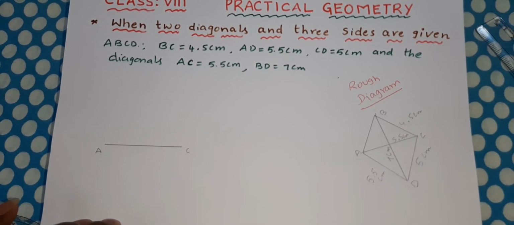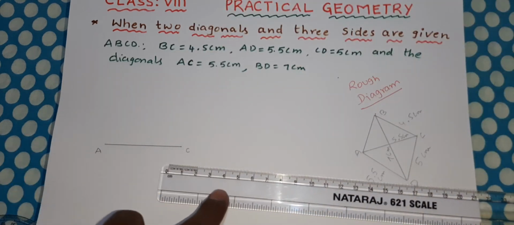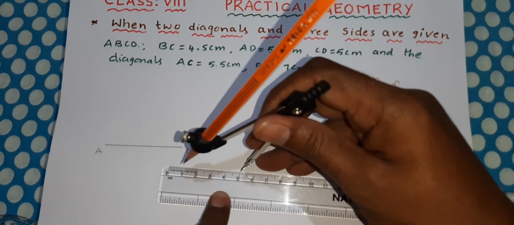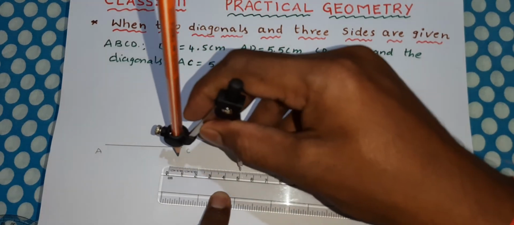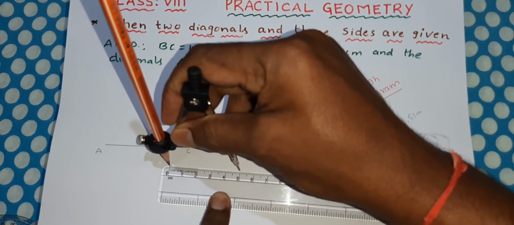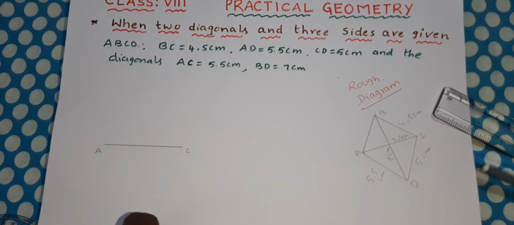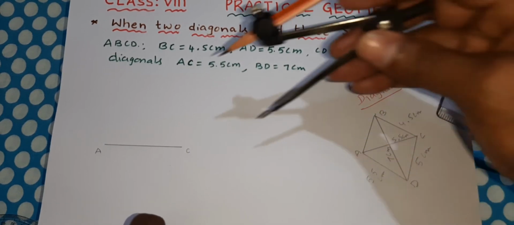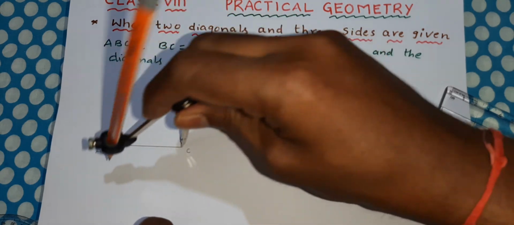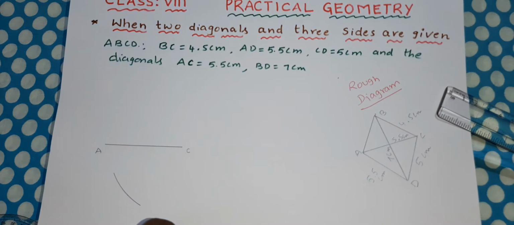Now by using the compass, take 5 centimeter on the scale. Take center as C. Draw the arc below the line segment AC.